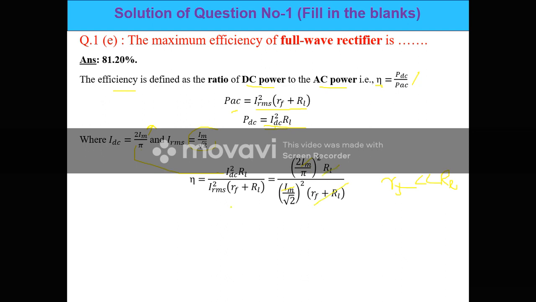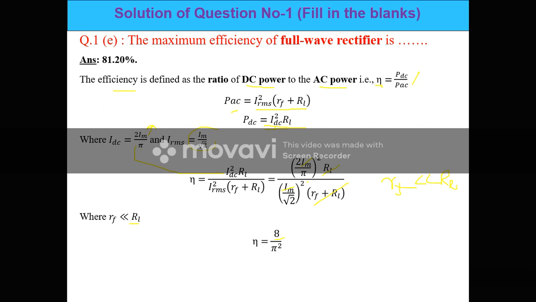Since RF is much less than RL, on the other side we get only 4 in the numerator from 2 squared, and root 2 whole square means 2. So 2 and 4 give 8 in the numerator, and in the denominator only pi square.